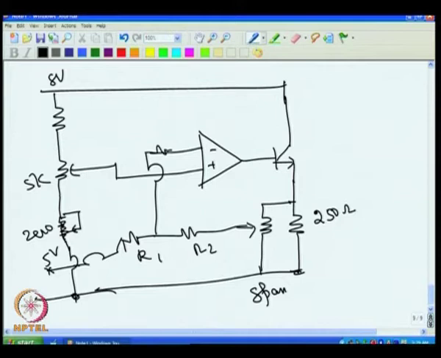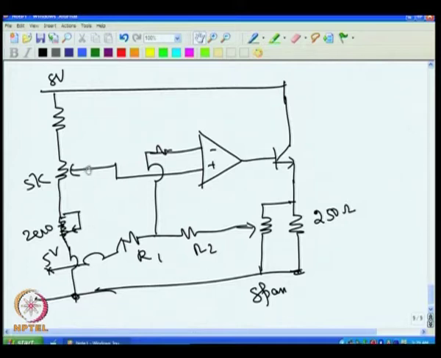Normally what is done is the potentiometer is kept at one end, then they adjust 0 to get totally 4 milliampere here. Then they move the potentiometer to the other end and adjust the span part to get 20 milliampere, that is, this current plus all other current put together becomes 20 milliampere.